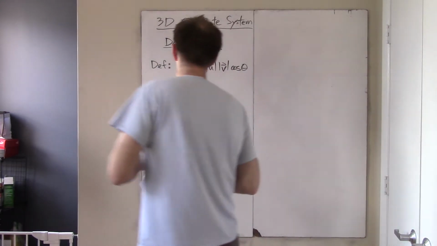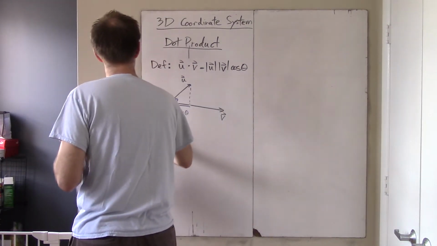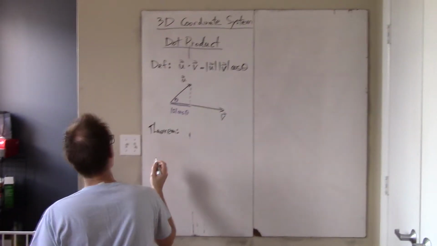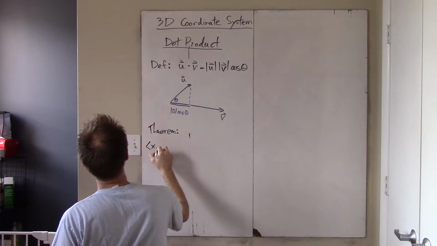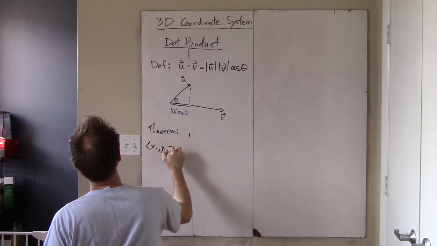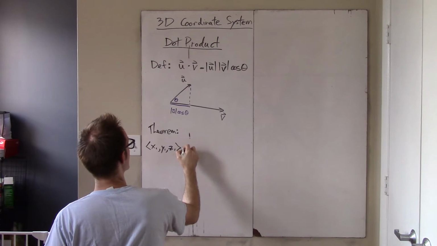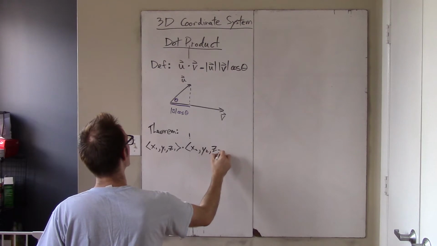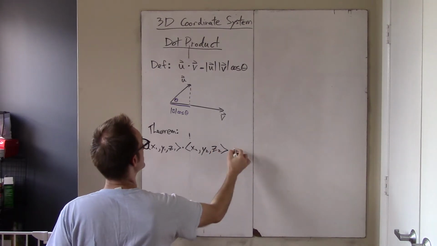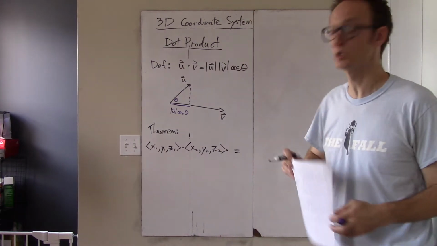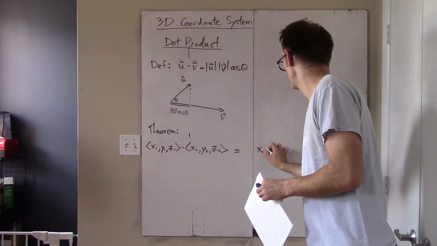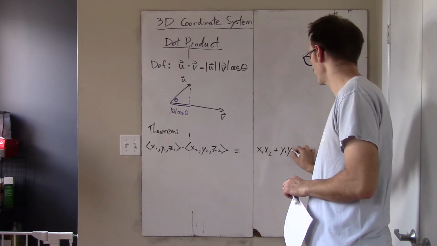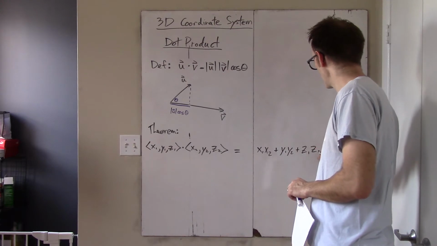What can we do with this? Well, there's a theorem, right? The big theorem on dot products is that if you take the dot product of two 3-dimensional vectors, where the first one has components x1, y1, z1, and the second one has components x2, y2, z2, then there's this really cute little formula: you take the product of the x components plus the product of the y components plus the product of the z components, and that gives you the dot product.